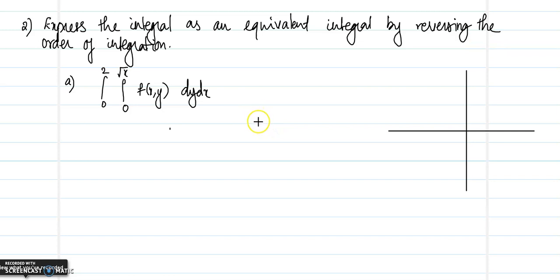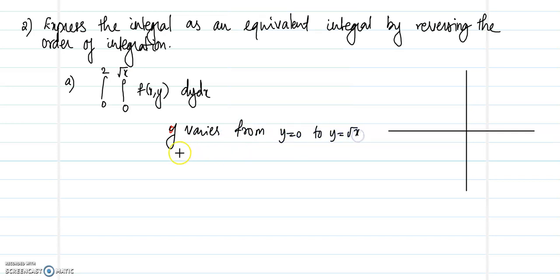So here you need to reverse the order only, you need not integrate. You are not given the function f, so നമുക്ക് integrate ചെയ്യാൻ പറ്റില്ല, just reverse the order. So here you are given the order dy dx. So here y varies from y equal to 0 to y equal to root x, and x varies from x equal to 0 to x equal to 2.